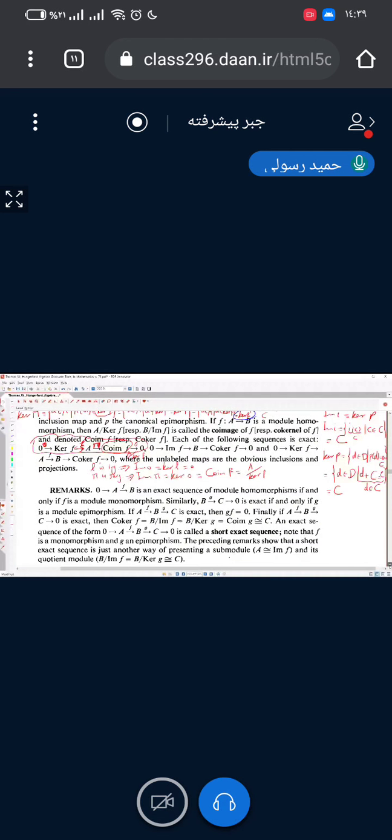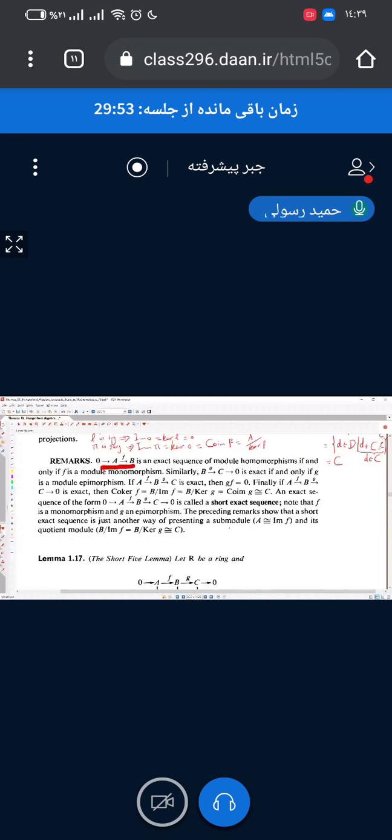This is exact if the image of 0 equals the kernel of F. The image of 0 is 0. So this is exact if and only if the kernel of F equals 0. And we know that the kernel of F equals 0 is equivalent to saying that F is a module monomorphism.